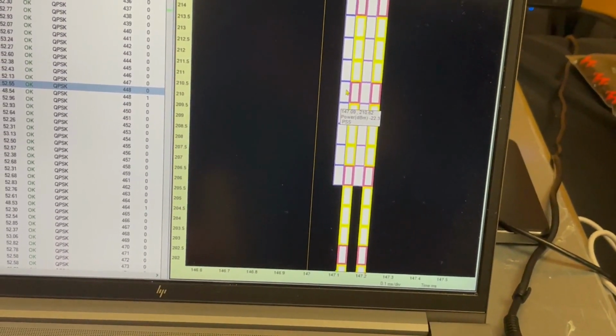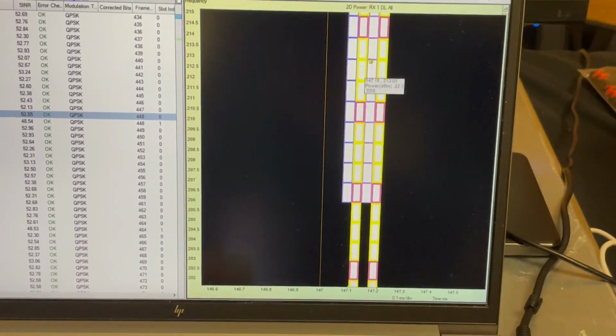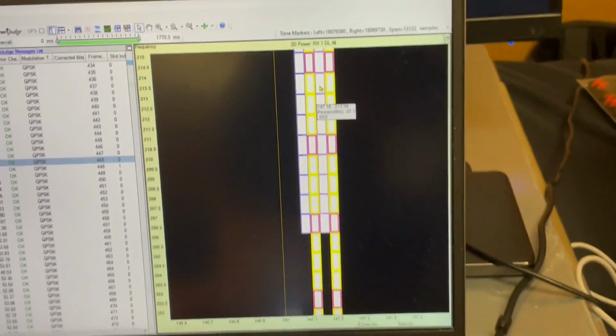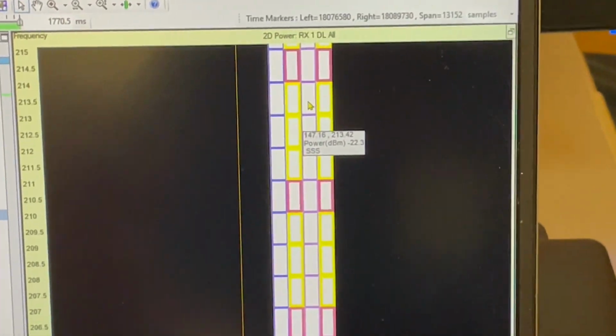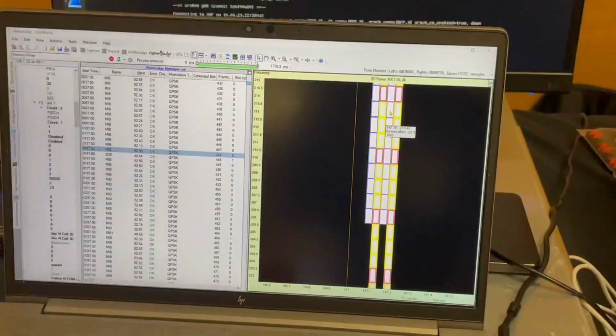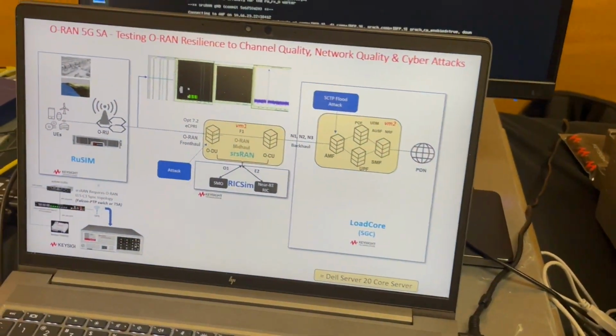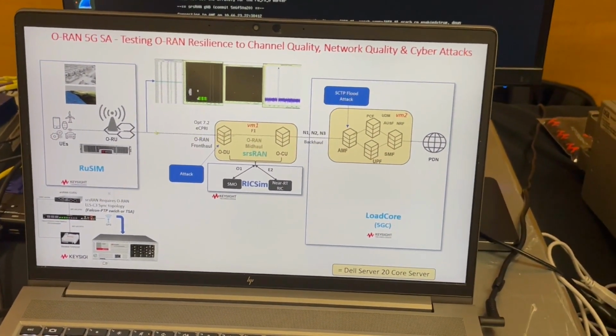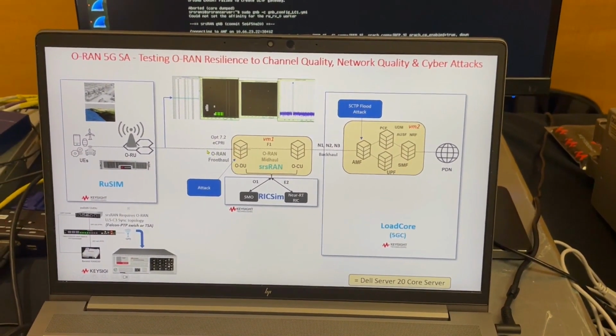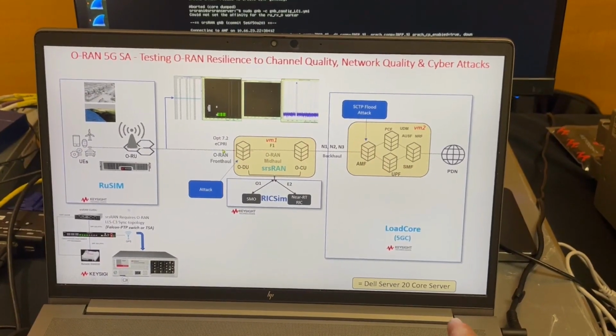Over here is the primary sync channel, and in the middle is the secondary sync channel. That's what makes up the SSB, and we're decoding that from this downlink and able to sniff it using WaveJudge because of the disaggregated interface here at the fronthaul. We're able to take a look at that and see what's going on. Okay, very good. Thank you.